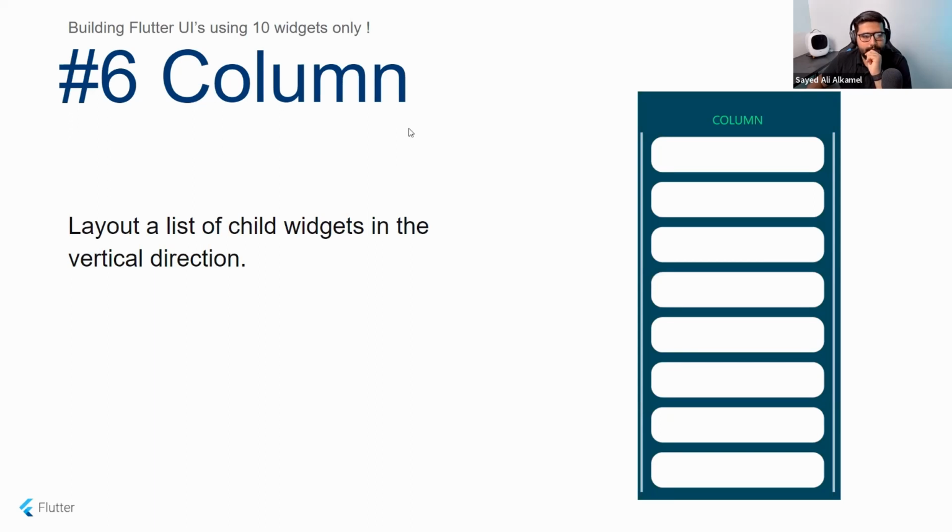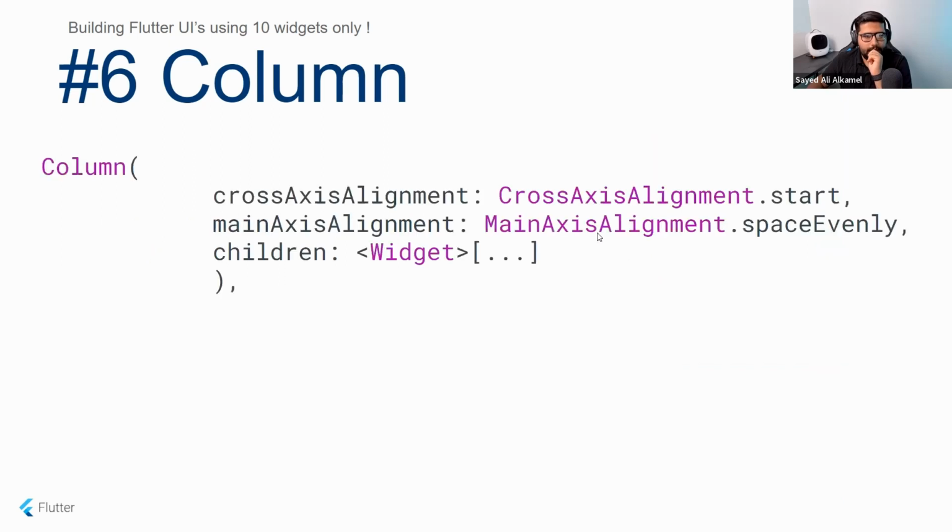Column is the next widget. Column is one of the widgets that allows you to have multiple children inside of it, and you can easily adjust the alignments by going through the cross axis alignment and main axis alignment to adjust how the column will look and feel.